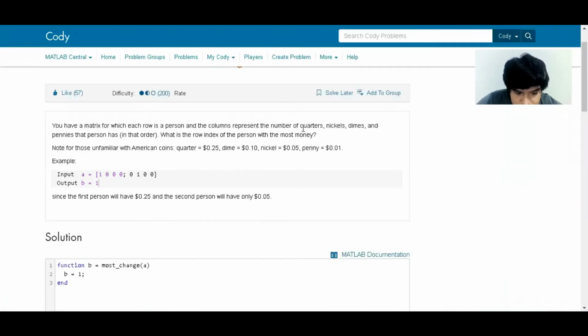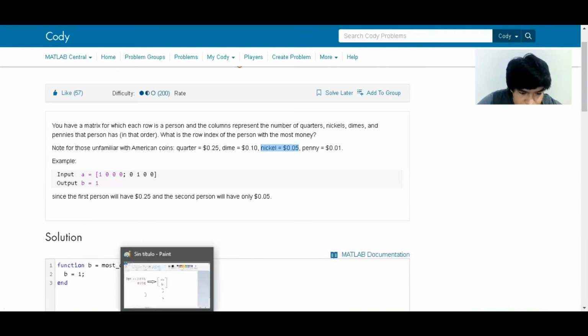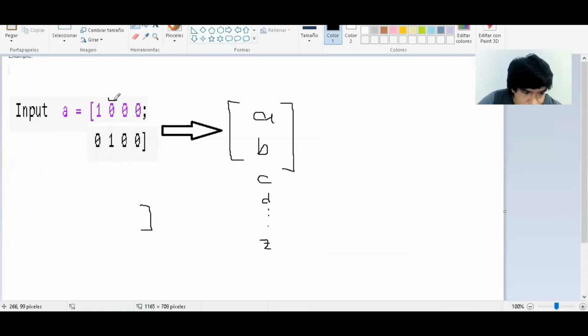The statement says that the first one is a quarter, and this is the value of a quarter. Then comes nickels. So those are nickels. So we have to be a bit careful because that means that this is the value for 0.05 cents.